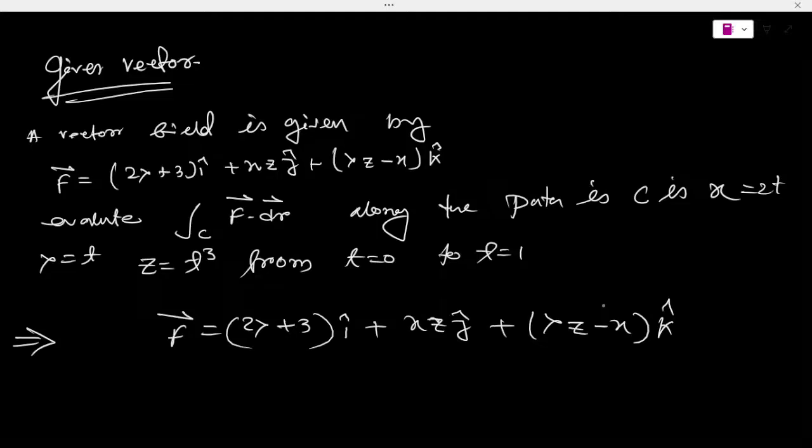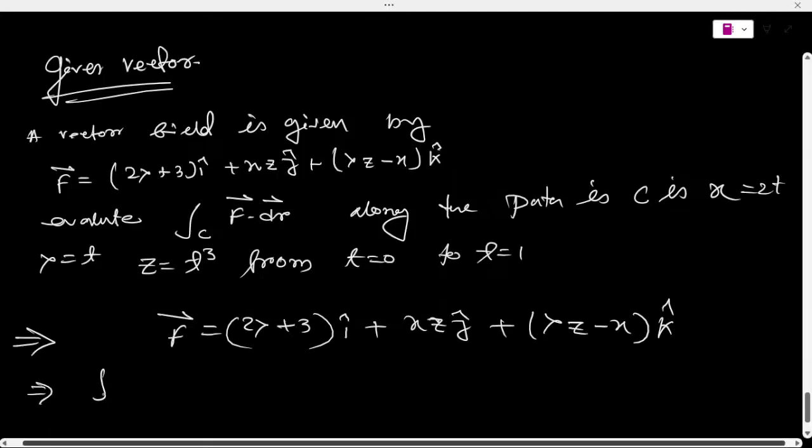This is the given. Now evaluate this, where the closed curve integration is f dot dr.